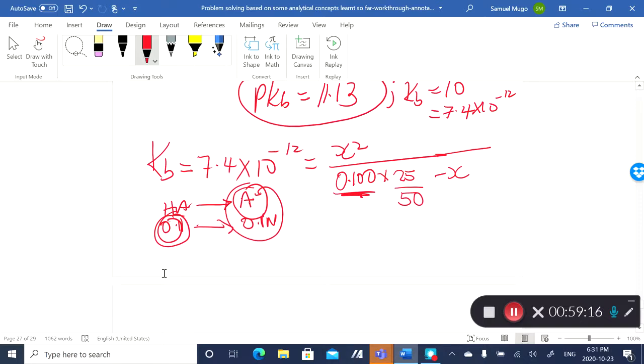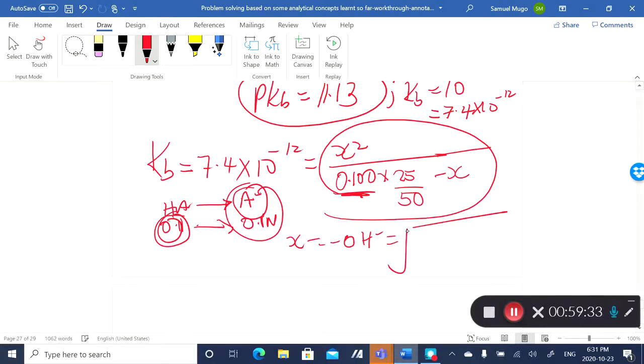And so you're going to see the x that you saw from this relationship equals the OH minus concentration, which equals the root of 7.4 times 10 to the power minus 12 times 0.05.